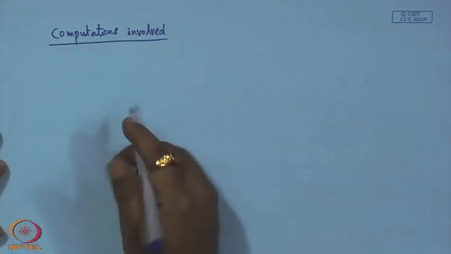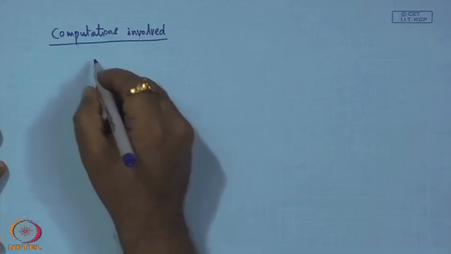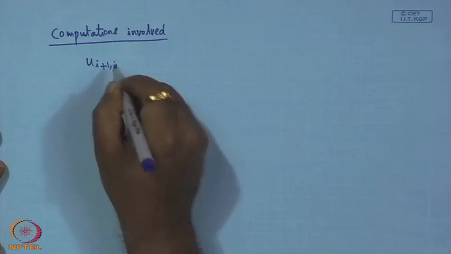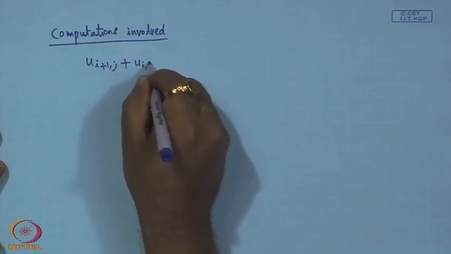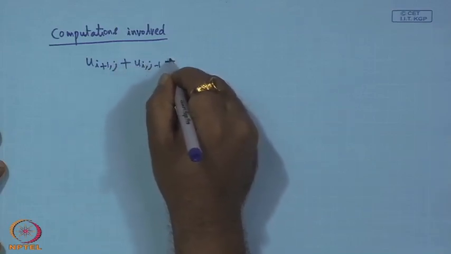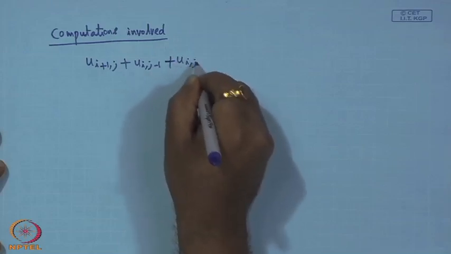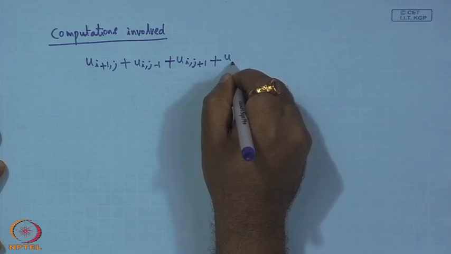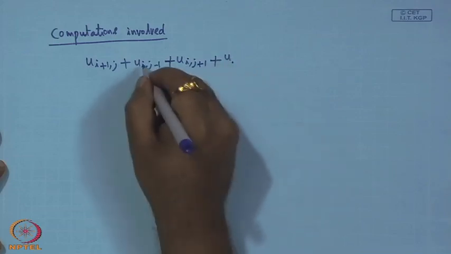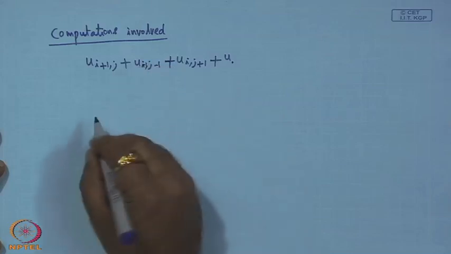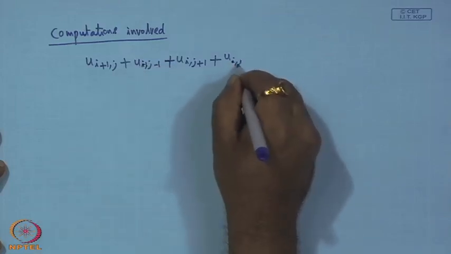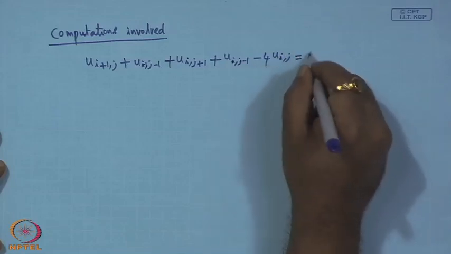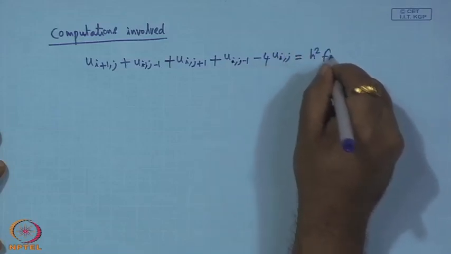So, computations involved. If you consider our general equation, this must be u(i-1, j) plus u(i, j-1) minus 4 u(i, j) and so on, equals h squared f(i, j).